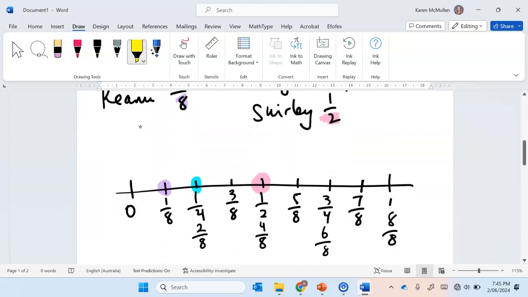Now, where is 1/6? When you think about it, 1/6 is smaller than 1/4, but larger than 1/8. So it's actually in here. So 1/6 is there, and that's where Max is going to be. So you can see on a number line how they actually compare.